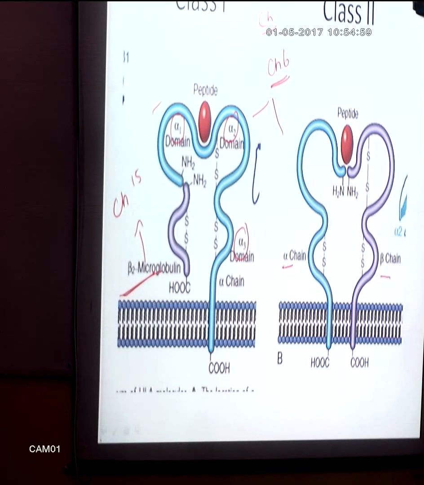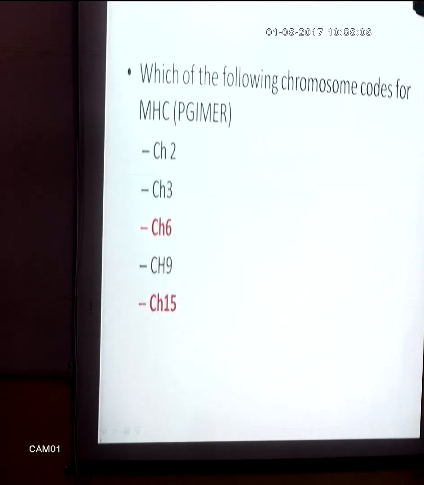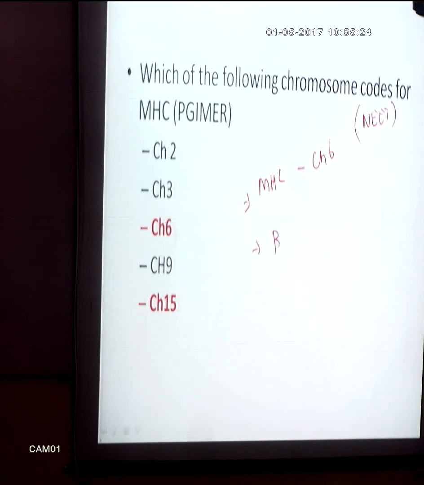So now we have two chromosomes to remember for HLA or MHC, right? The answer is chromosome 6 and 15. Again look, if MHC is asked, the safe bet is chromosome 6 if it is a NEET question. If specifically the beta 2 microglobulin chain is asked, the safe bet is going to be chromosome 15 in NEET.